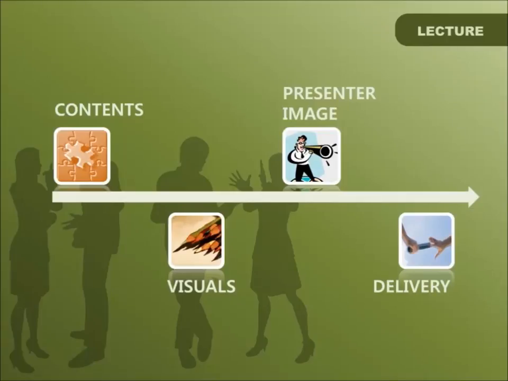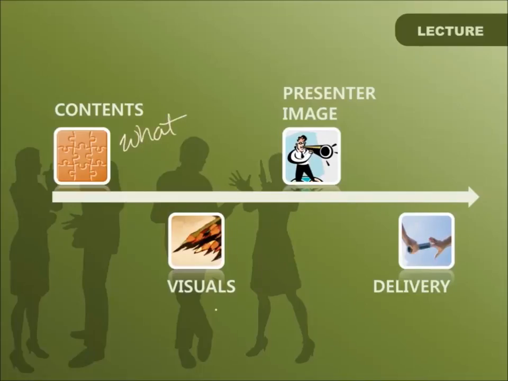Okay, so before we talk about demonstrative presentation, why don't we start with reviewing what we have learned throughout the presentation parts of the whole course. Okay, so firstly, we talked about 4 basic elements of presentation. Do you remember them? Right, contents is about what you're going to say.